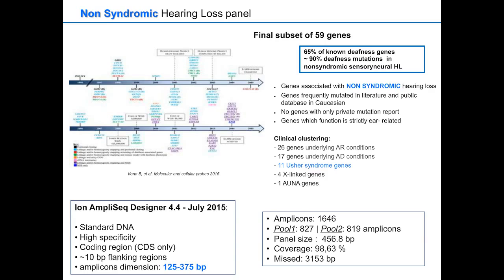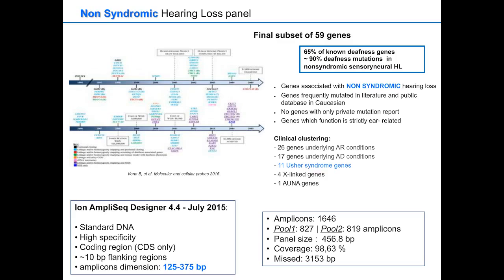Our hearing loss panel was chosen based on non-syndromic criteria. We wanted a panel for non-syndromic sensorineural hearing loss, and we chose this because this is the type of hearing loss that presents more difficulties in the differential diagnosis.